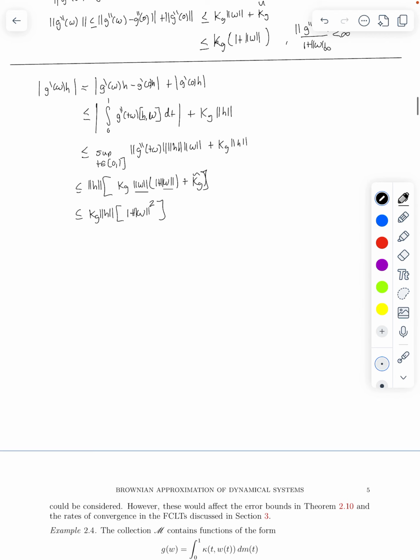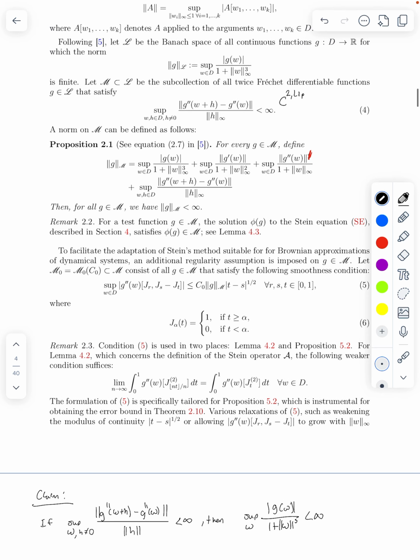And this holds for every H. So in particular, G prime of W H over the magnitude of H is less than or equal to k_g times 1 plus W squared. And then we take the supremum over H to obtain that G prime of W is less than or equal to k_g times 1 plus W squared. And of course, that's exactly what this is.